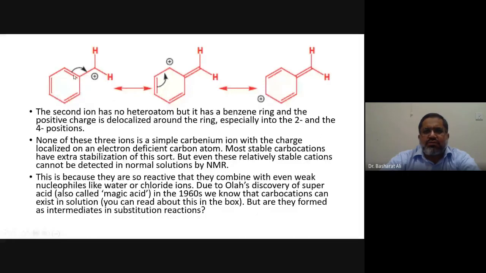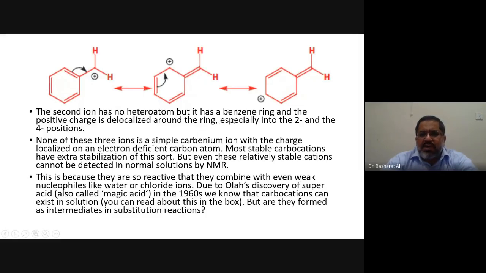Electrons shift to this position and as a result delocalization of electrons starts on the ring, and we know that delocalization of electrons provides extra stability to molecules.